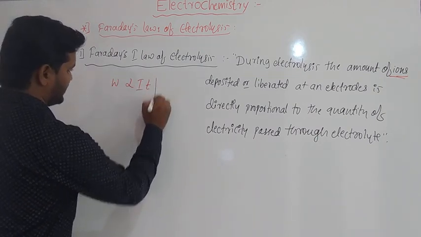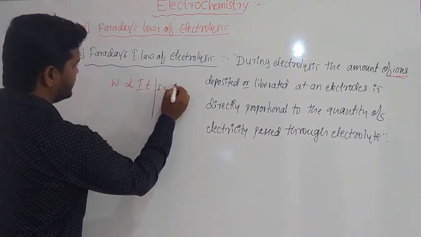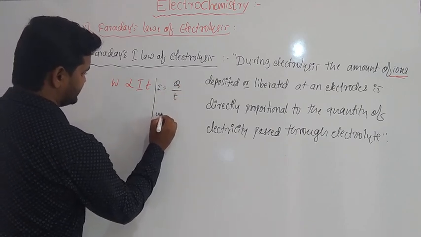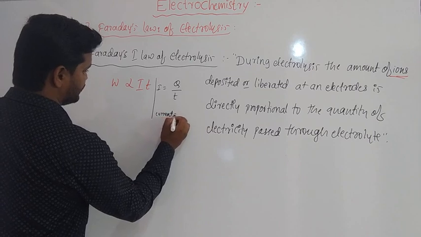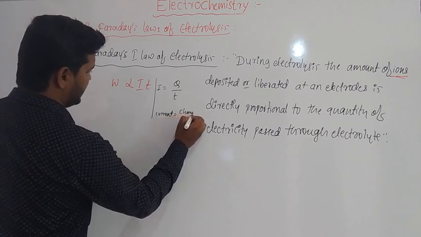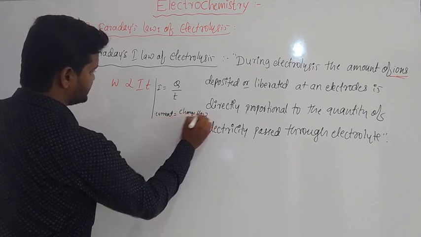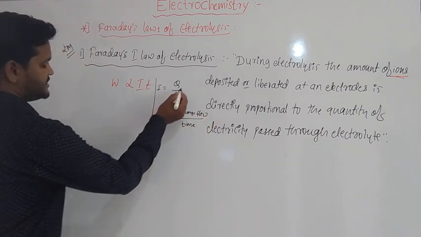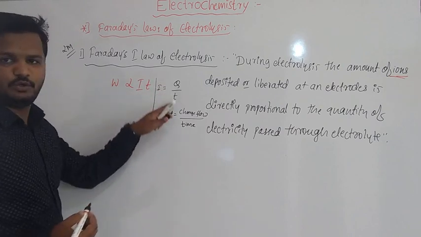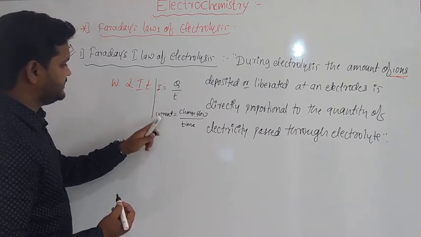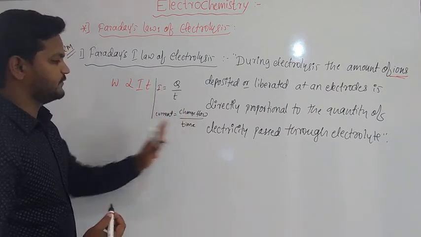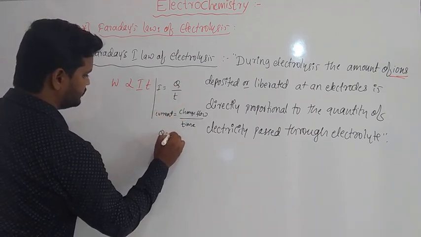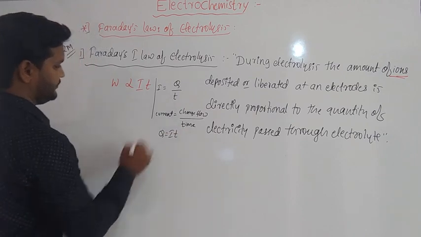So we can write I is equal to Q by T. Students, I means it is a current, right? Current is equal to charge flow by time. Then just rearrange this equation: Q is equal to I into T.